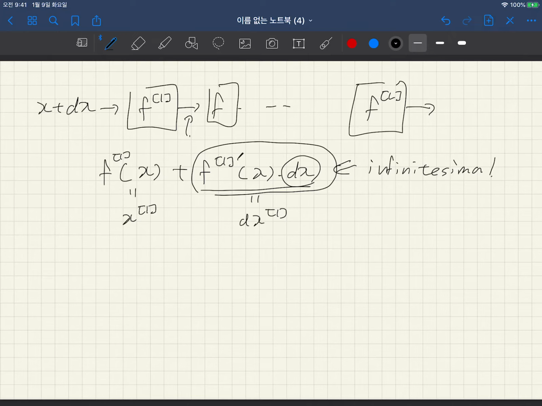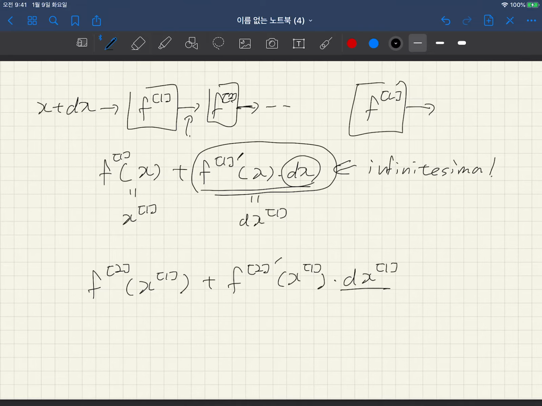So from this, we can understand the output right after the f2 function is equal to, from the definition of derivative, f2(x1) plus f2 prime x1 times dx1, and since dx1 was f1 prime x dx, we have this.